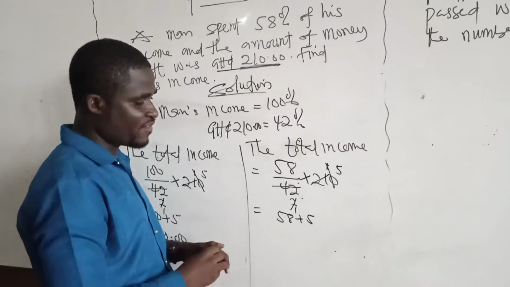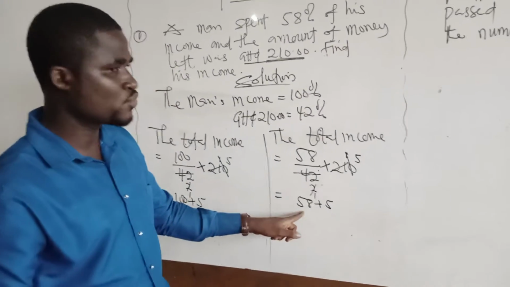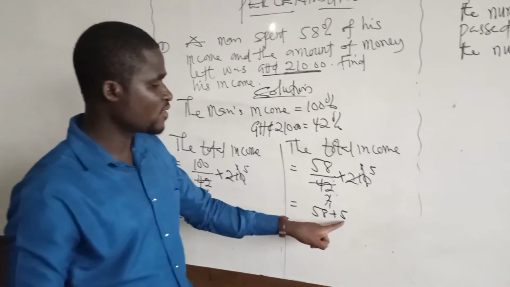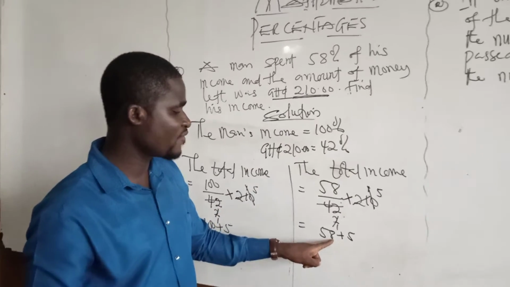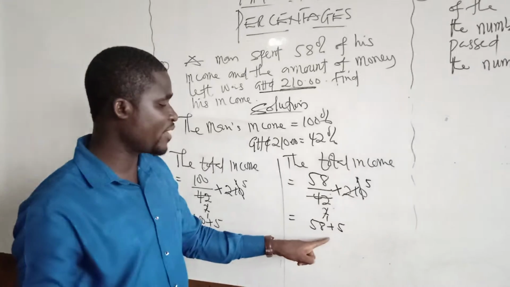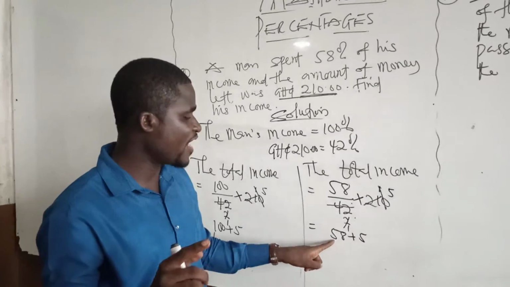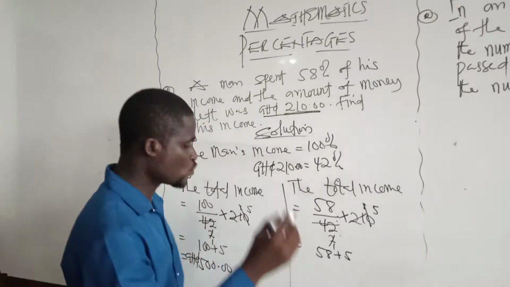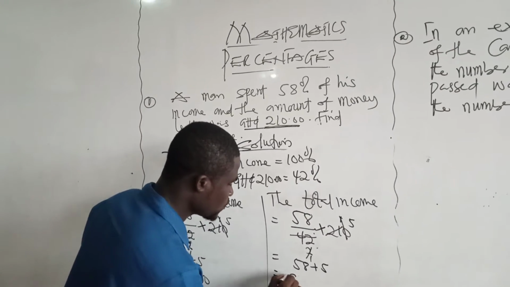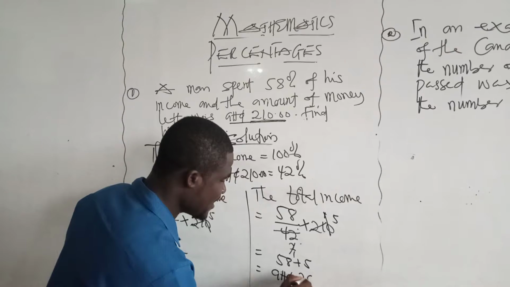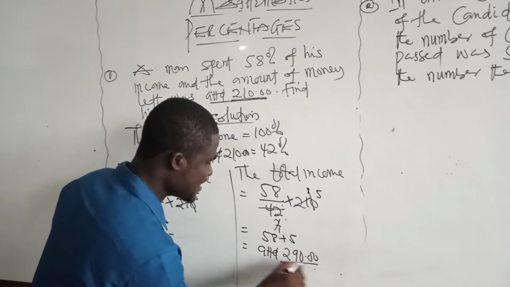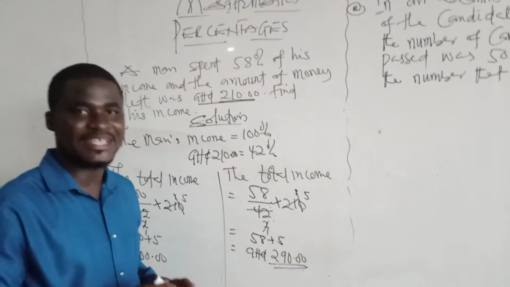So 58 by 5 will give us 290, because 5 times 8 will give us 40, 0 carry 4. 5 times 5 will give us 25. 25 plus 4 will give us 29, so 290 Ghana cedis. That's the amount spent.